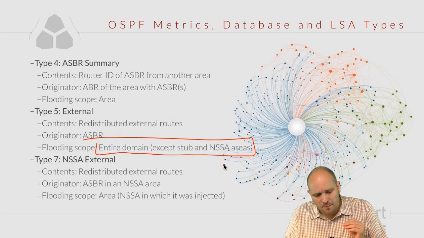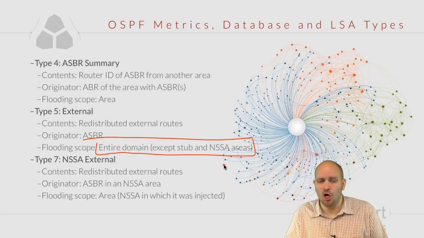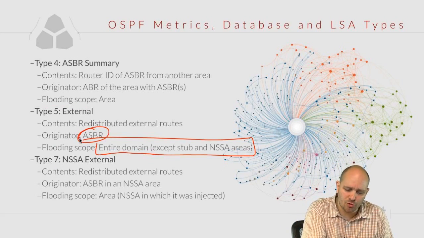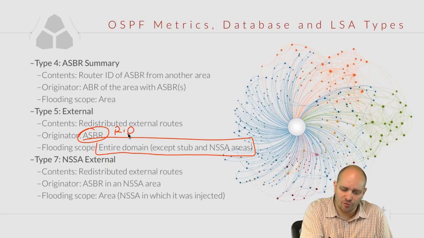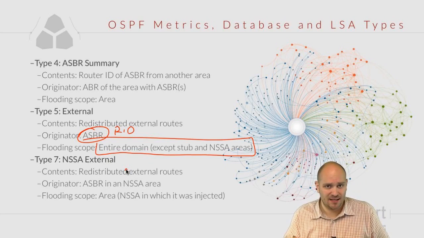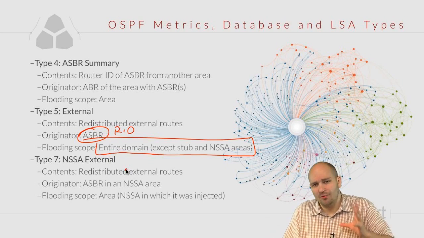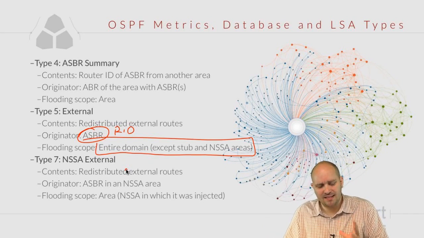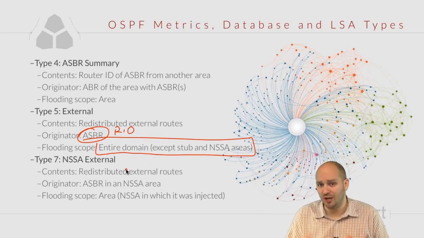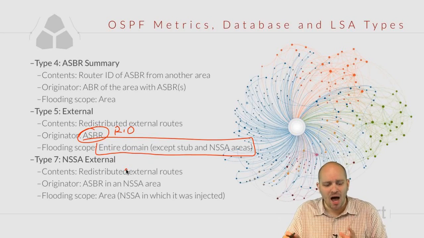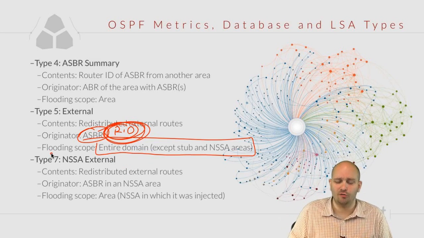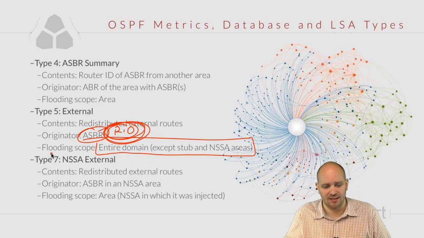So when these LSAs are advertised throughout our network, the information about the router ID of the router that generated it is going to be carried with this route. Now, this means that when this type 5 LSA leaves the area in which it was injected, other routers may not know about the router ID of the ASBR that injected this route.